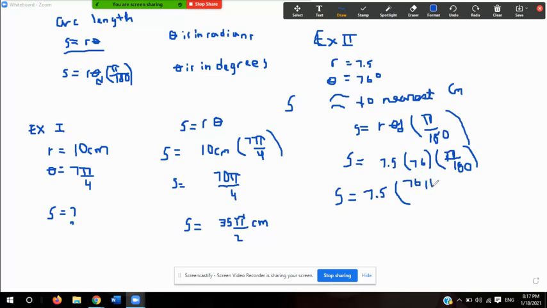And what we do is find a way to divide this. We can just go ahead and plug those numbers into the calculator. But another thing that we can do is simplify the fraction 76 pi over 180, and then it'd be easier to work with. So 76, we can divide by 2, and that would be 38.